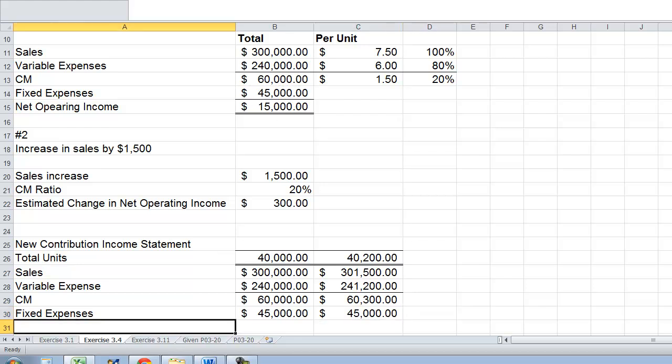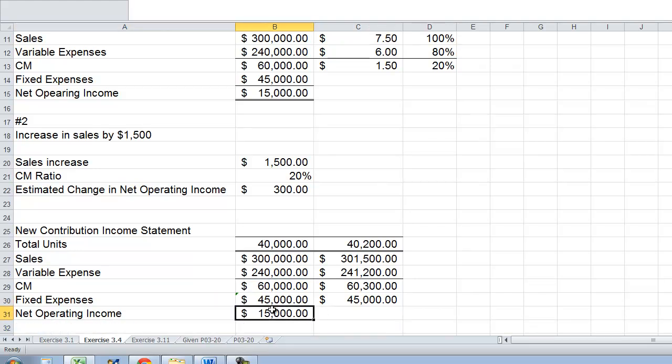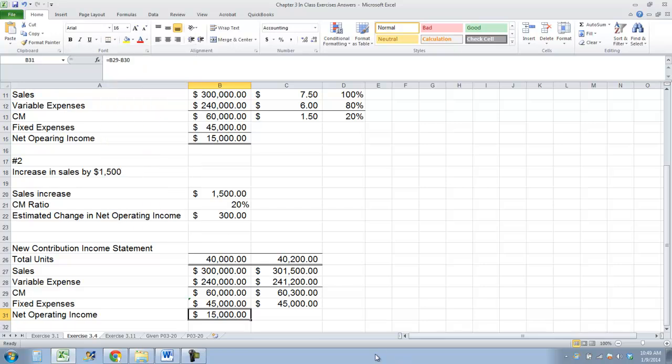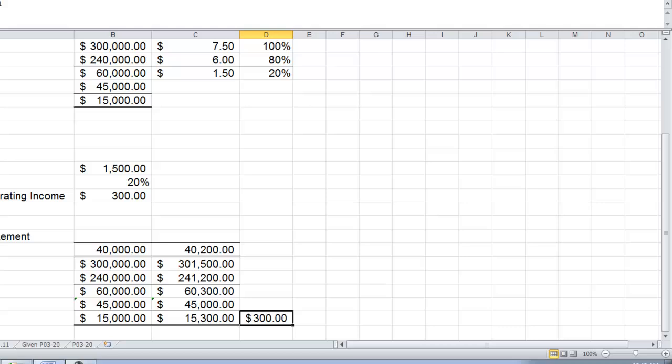So therefore, our net operating income originally was 15,000, and it is now 15,300, for a change of $300.